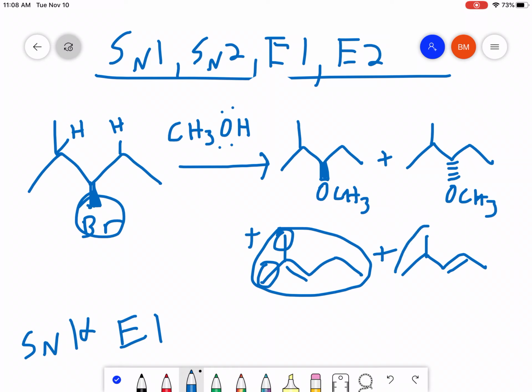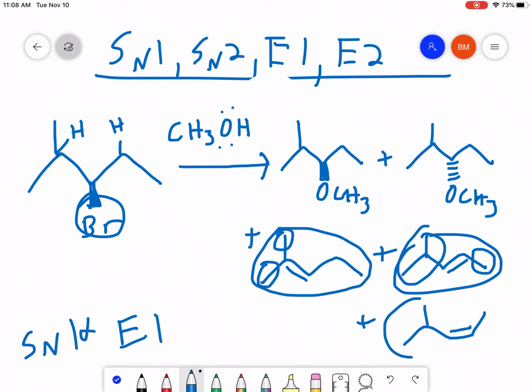For this one, however, we see that we're going to have a trans arrangement as drawn. We have a methyl group on this side of the double bond, and then an isopropyl group on this side. It is possible to get a different arrangement of those. We can get the cis.